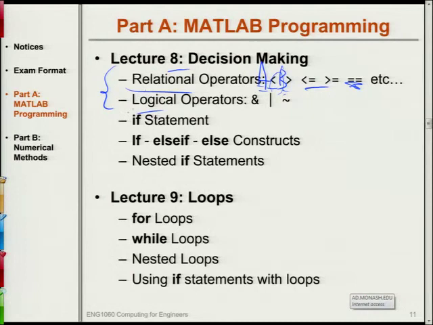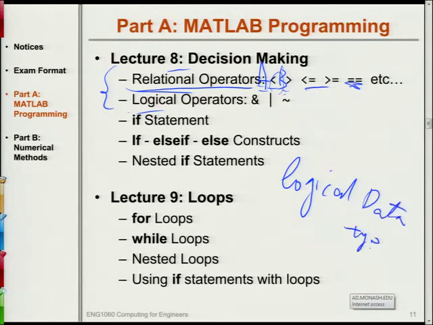So relational operator normally returns what? It returns your logical data type. Remember, we studied data types like double, string, and logical.